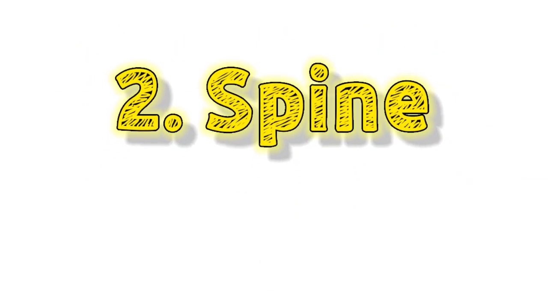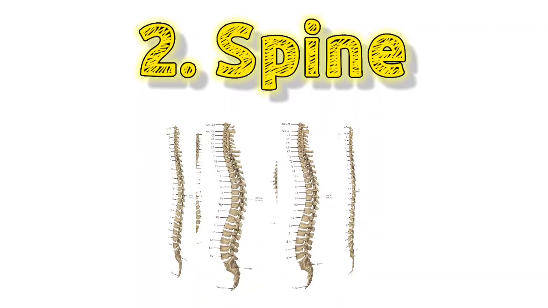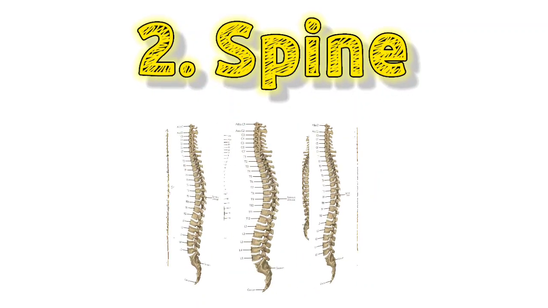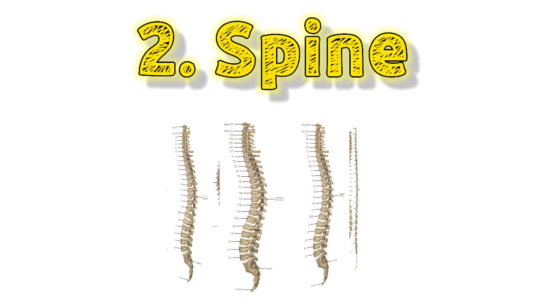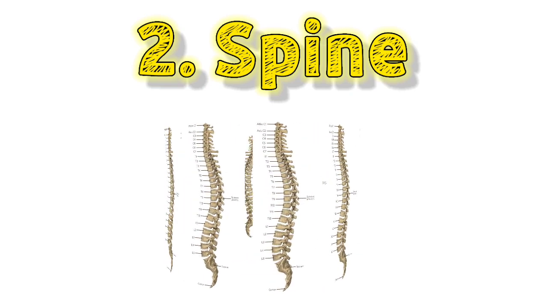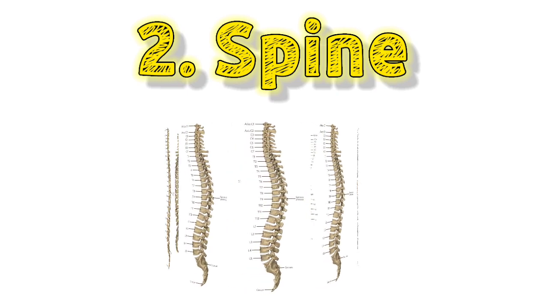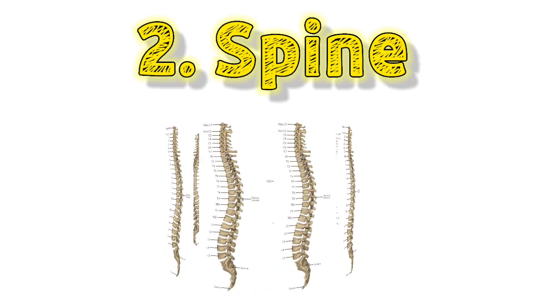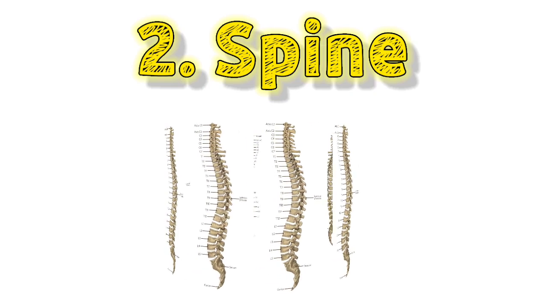Now children, gently press and move your fingers along the center of the back of your friend. You will feel a long, hard, bony structure. This is the backbone. The backbone forms the main axis of the skeleton. It is made up of 33 small ring-shaped bones called vertebrae.